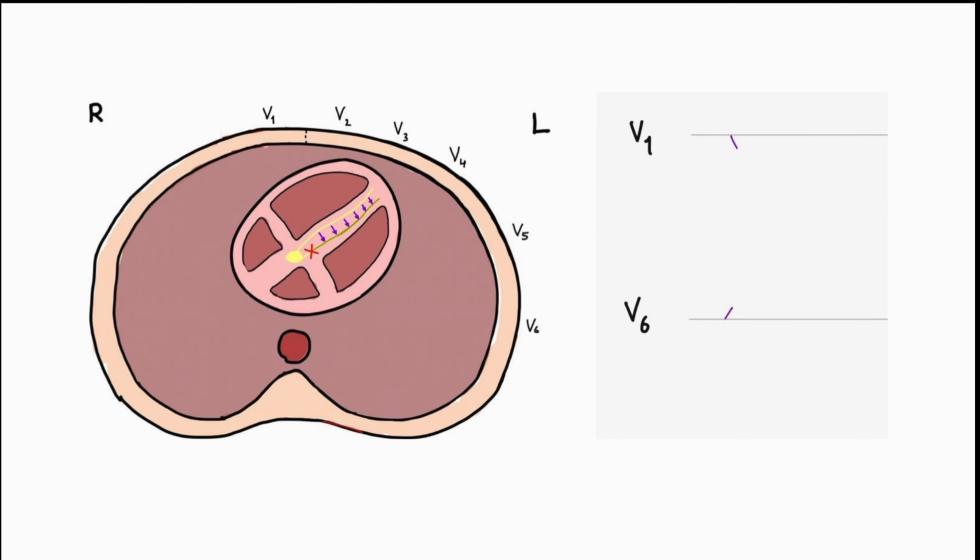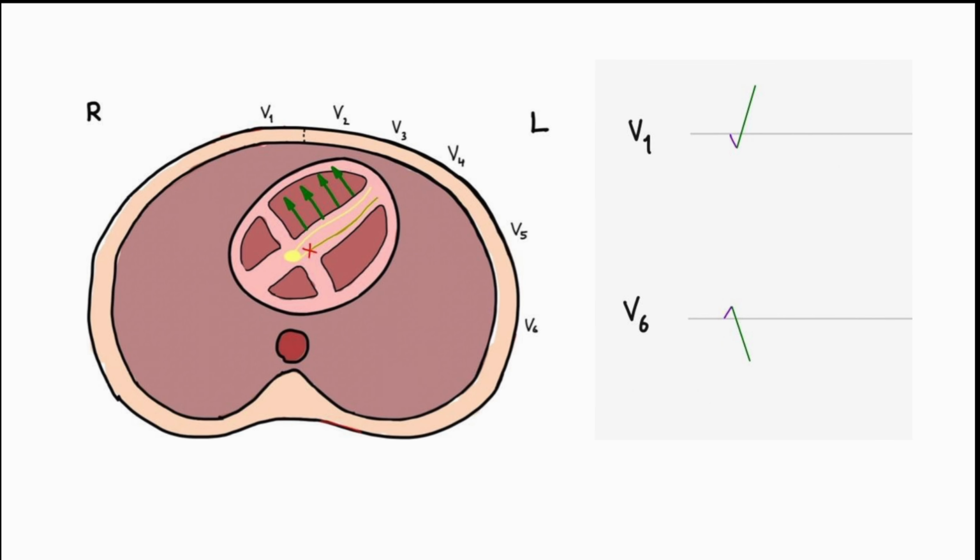Let's look at the left bundle. So here, things change straight away. We have got right to left septal depolarization, giving us a small downward deflection in V1 and a small upward deflection in V6. This time we have that right ventricle depolarizing first towards V1, away from V6.